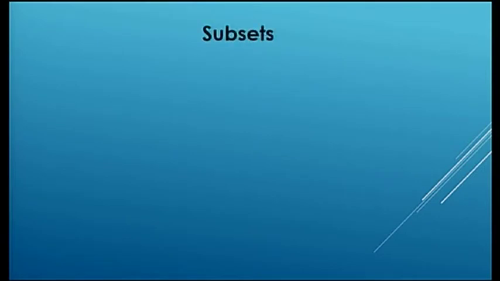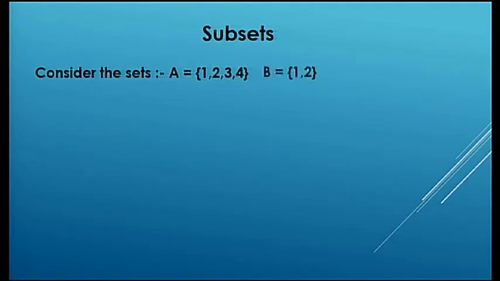Now, let's talk about subsets. Consider the sets A, B, C, and D. Observe these four sets. What can you say about set B, set C, and set D? First, compared to A, they are smaller sets.